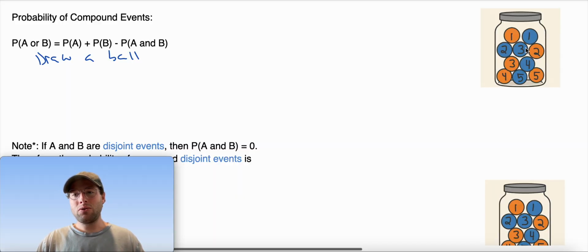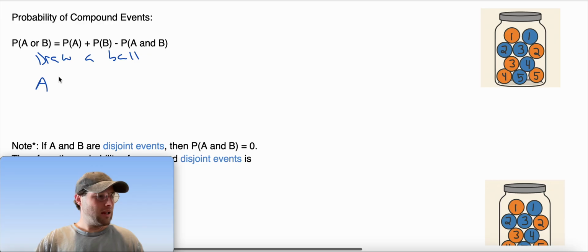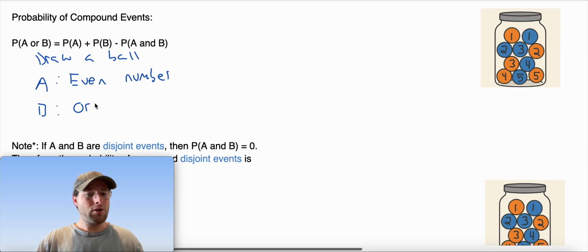So we see 1, 2, 3, 4, 5, and each of the orange ones is also labeled 1, 2, 3, 4, and 5. We're going to draw a ball, and let's say that event A is drawing an even number, and event B is drawing an orange one.